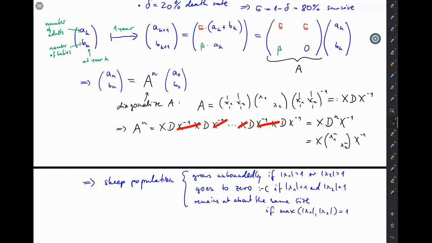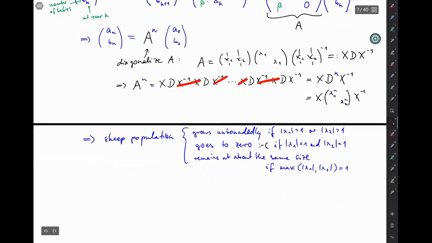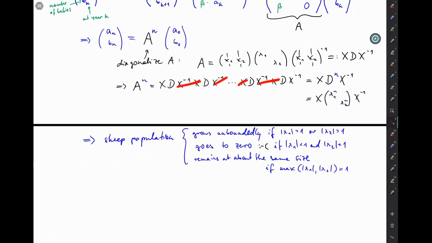And we can express that nice and short by saying that the maximum of the moduli of my two eigenvalues is equal to 1. In fact, we can also express the other two cases in terms of that maximum, so let's give that maximum a separate name.